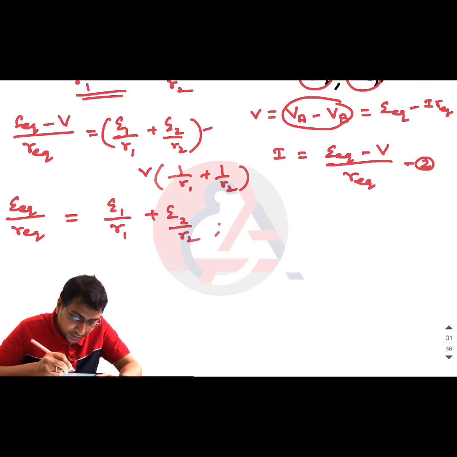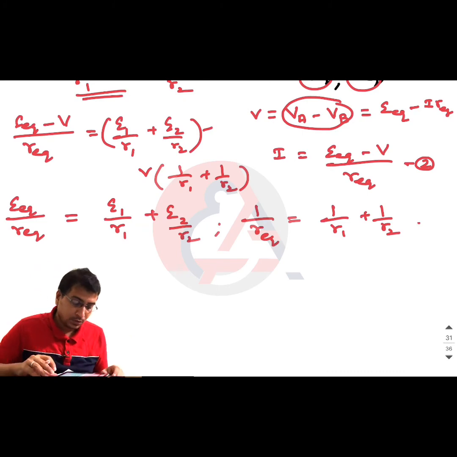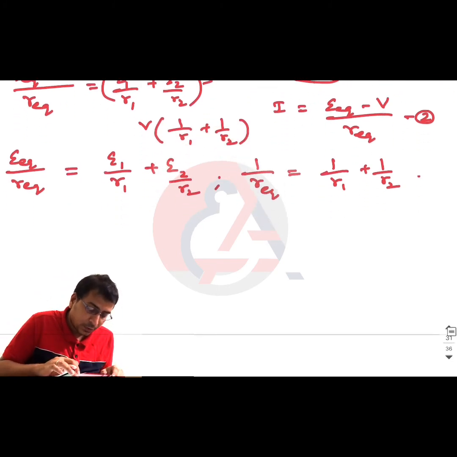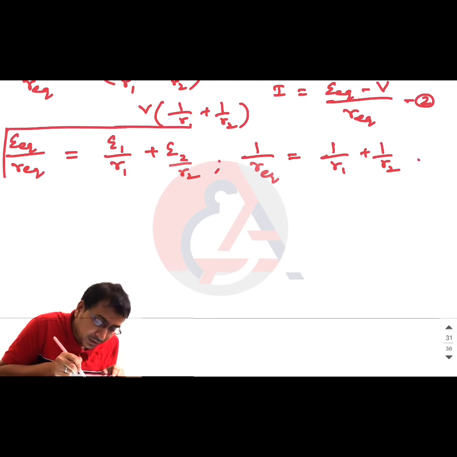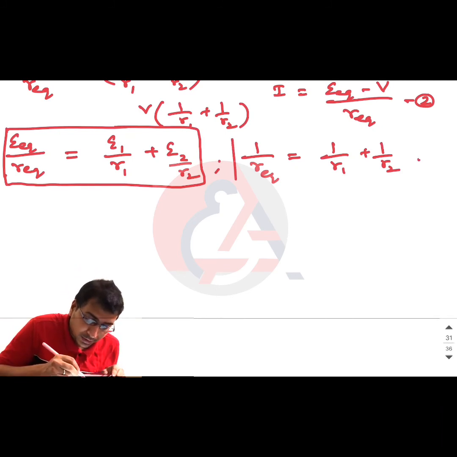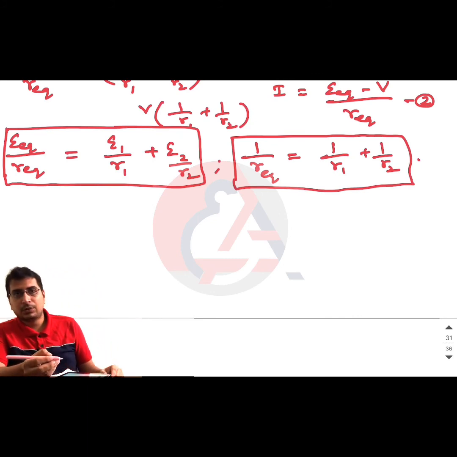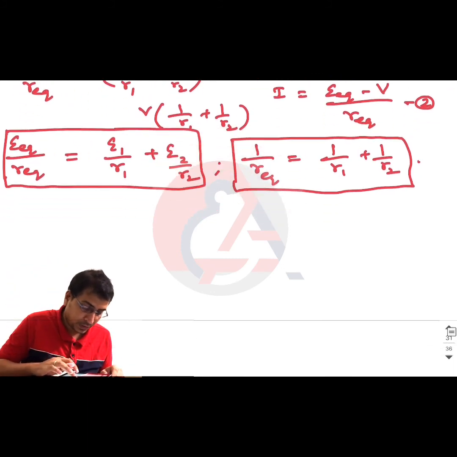Similarly, 1 by R equivalent will be equal to 1 by R1 plus 1 by R2. So here we cannot directly find the equivalent EMF, rather we have the formula E equivalent divided by R equivalent equal to E1 by R1 plus E2 by R2, and it is a known fact that when resistors are connected in parallel, 1 by R equivalent will be equal to 1 by R1 plus 1 by R2.